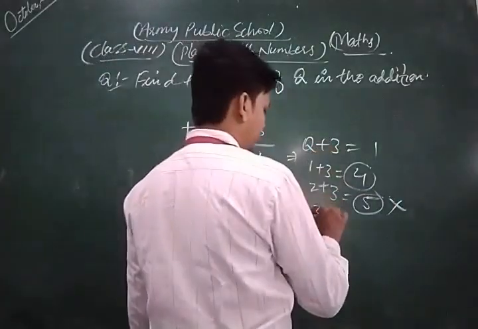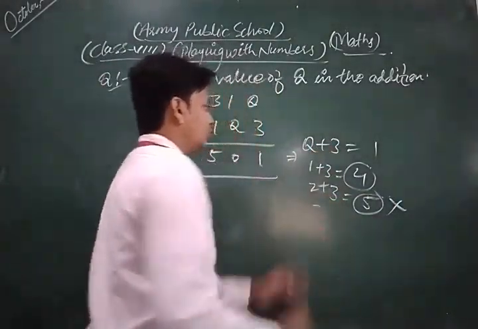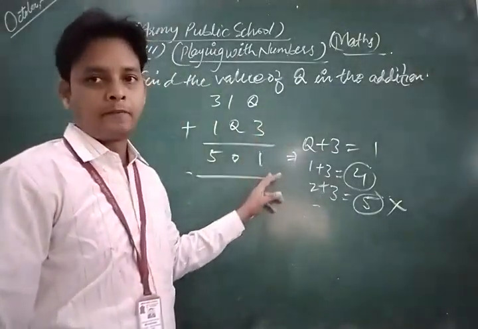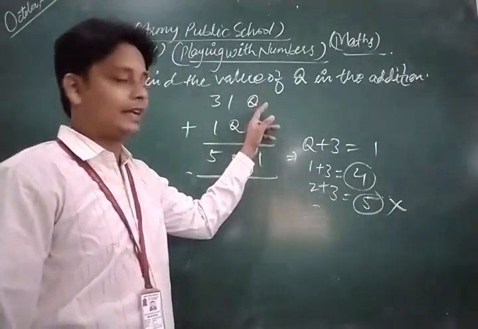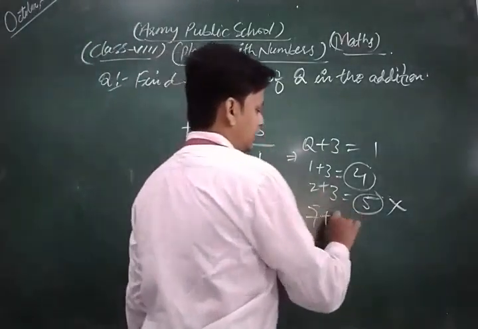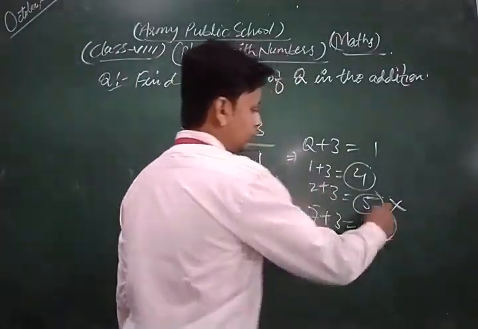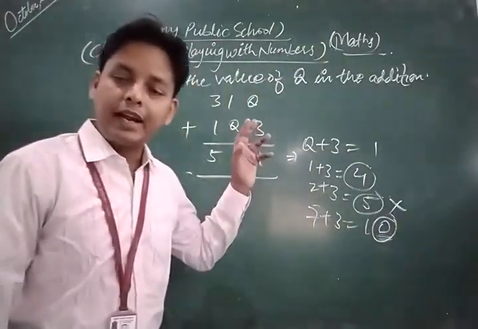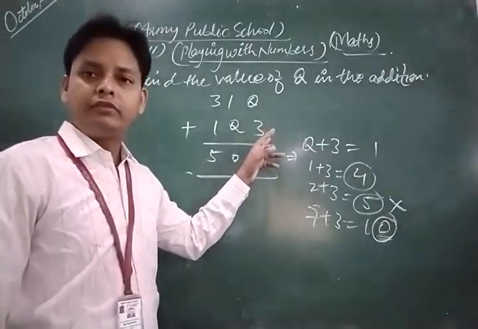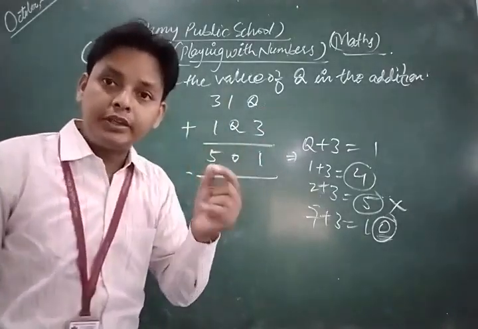Similarly for q equal to 3 we get 6, for 5 we get 8, and if we choose 7, then 7 plus 3 is equal to 10, so its unit digit is 0, which is not equal to 1. We need that number which, when added to 3, gives a unit digit of 1.